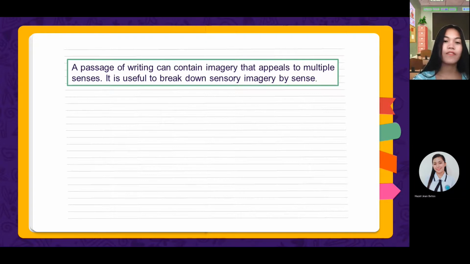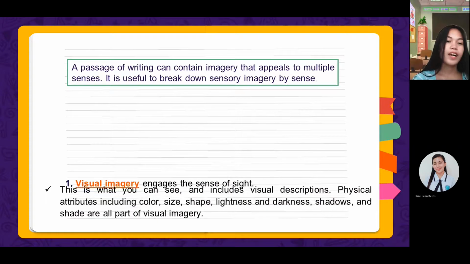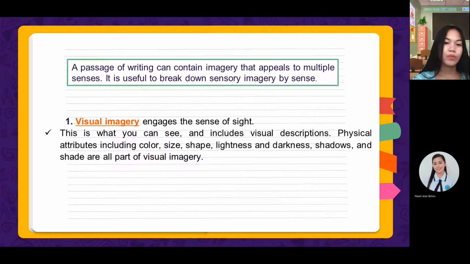Here is the first sensory imagery, the visual imagery. It engages the sense of sight. This is what you can see, class, and includes visual descriptions. Physical attributes including color, size, shape, lightness and darkness, shadows and shade are all part of visual imagery.